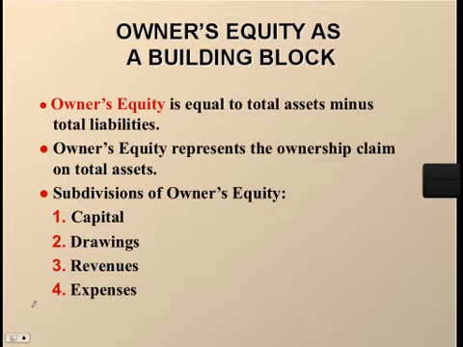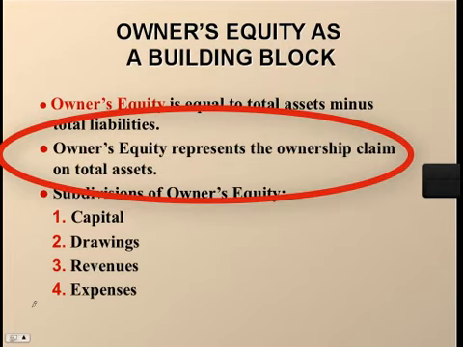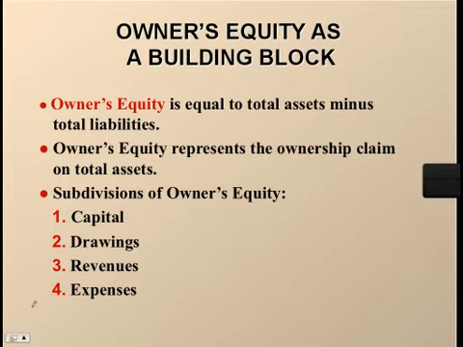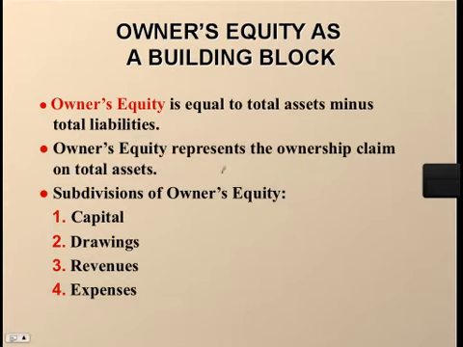Owner's equity, we talked about this briefly, is equal to assets minus liabilities. It represents the owner's claim on the assets. So again, if you were to go out of business and you pay off all your creditors, what's left then belongs to the owners. Within the owner's equity section, we have four different types of accounts that we didn't really start using in grade 11 until a little bit into the course.